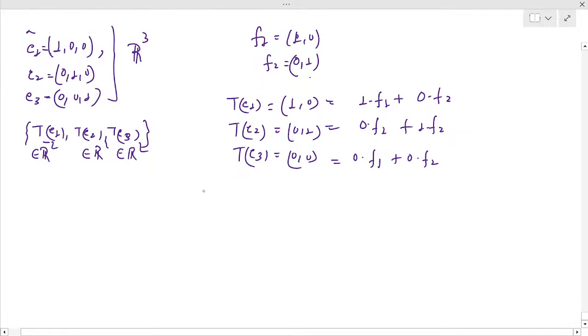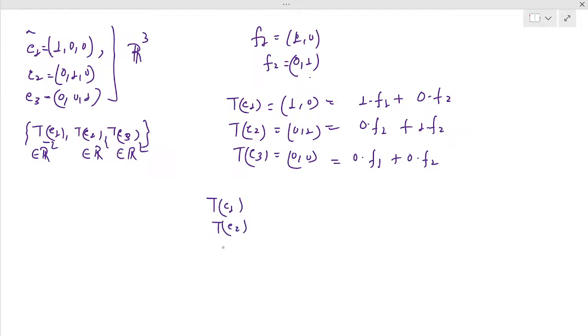After all, what would be my matrix of transformation? I'm just writing it once for your sake.